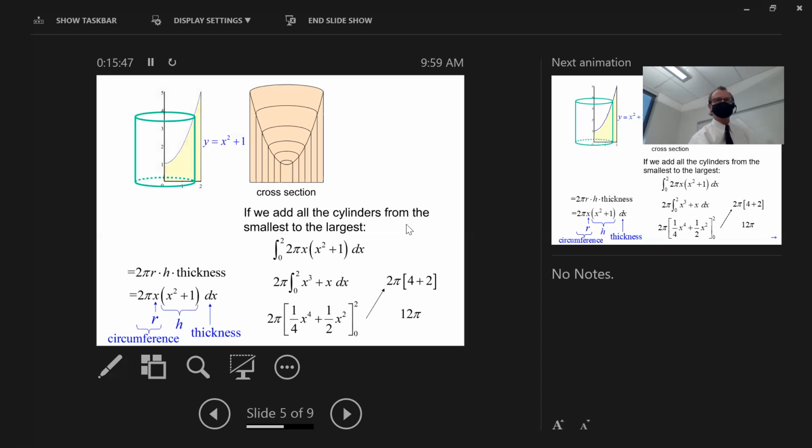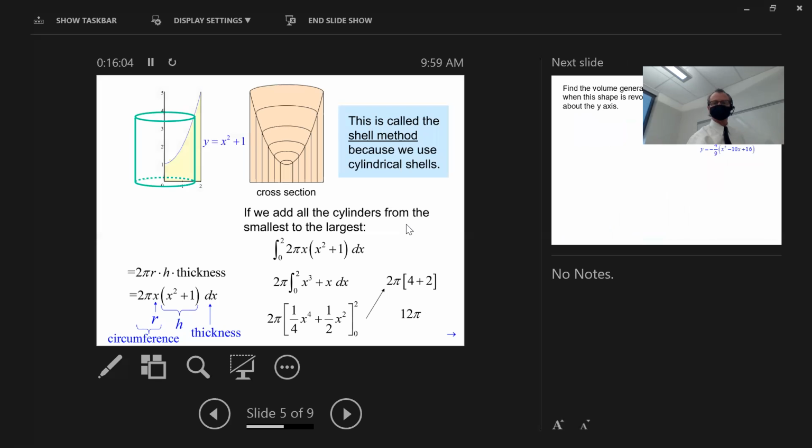You get the same answer as when we did the problem, or when they did the problem in the PowerPoint, perpendicular to the axis of rotation. Cylindrical shells.